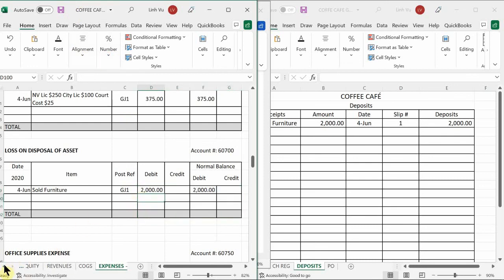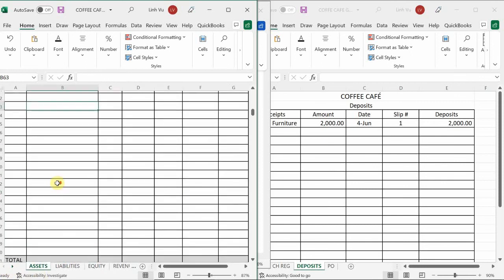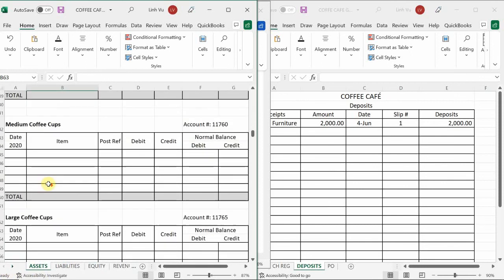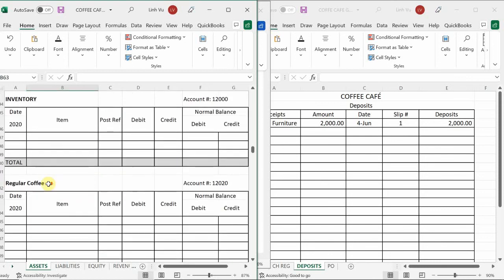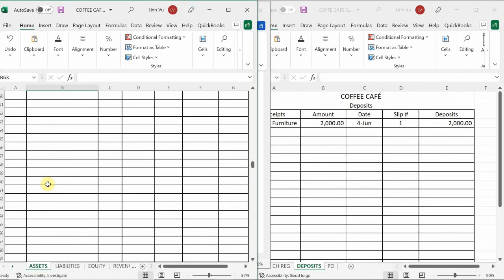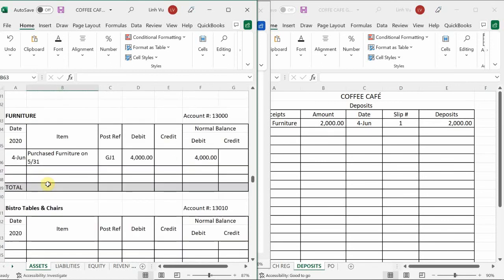Last but not least, I need to go ahead and go to my furniture account because I need to update that I actually got rid of my furniture. So this is where that formula is going to come into play, and it's actually going to change the number here. So let's see, furniture. So here it is. I purchased the furniture on May 31st, right?